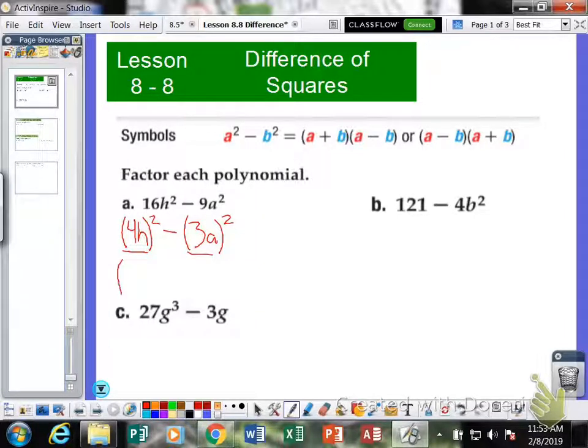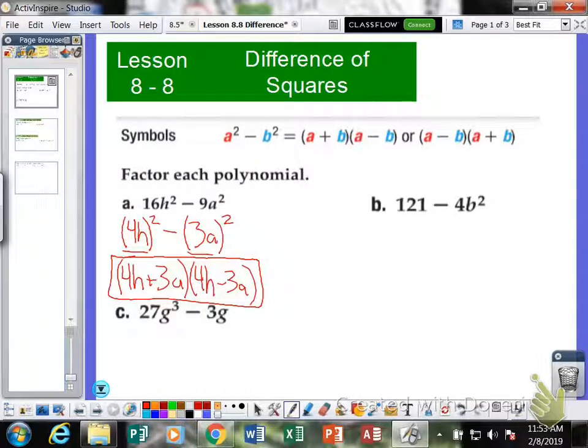In this case, I'm just going to write it as 4h plus 3a and 4h minus 3a. And that is our answer there. There's nothing else we have left to do there. If you wanted to check it, you could FOIL and you should get 16h squared minus 9a squared.